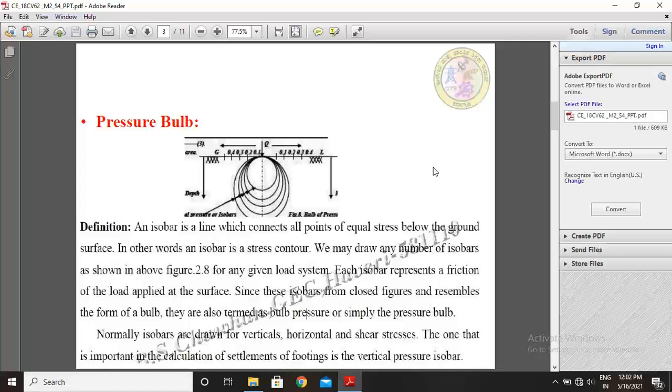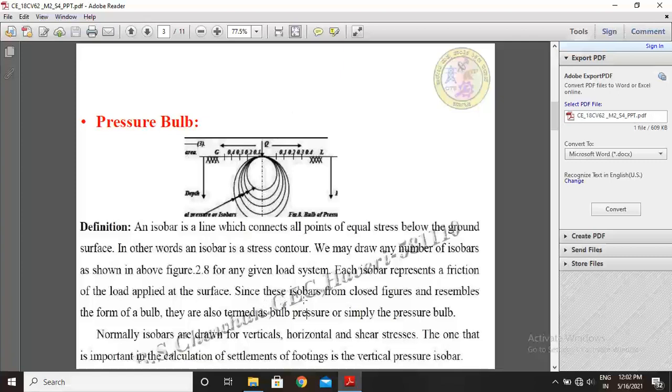In other words, an isobar is a stress contour. We may draw any number of isobars as shown in the above figure 2.8. See these figures. These are the different isobars with respect to the given load.